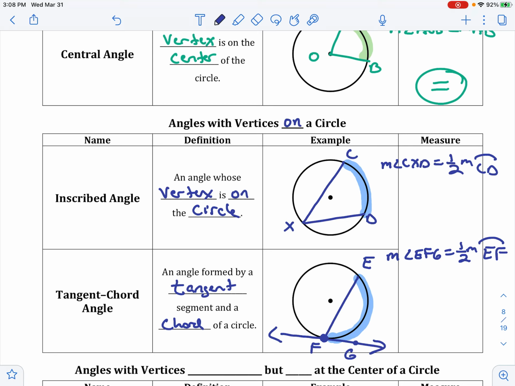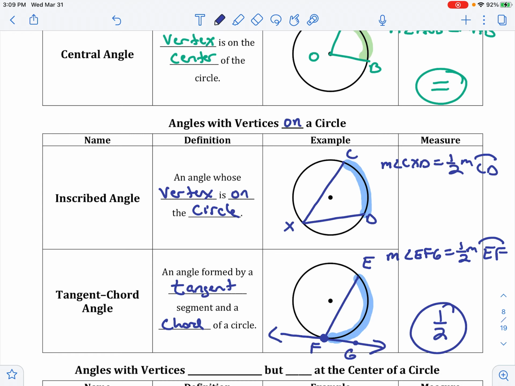EF is the arc that it intercepts. So when angles have their vertices on a circle, like we see with X here, the inscribed angle, and angle F here, the tangent chord angle, the rule is that the angle is equal to half the arc. So central angles equal their arcs. Inscribed and tangent chord angles are equal to half of their arcs.